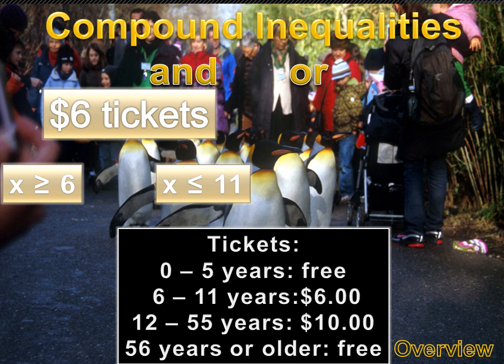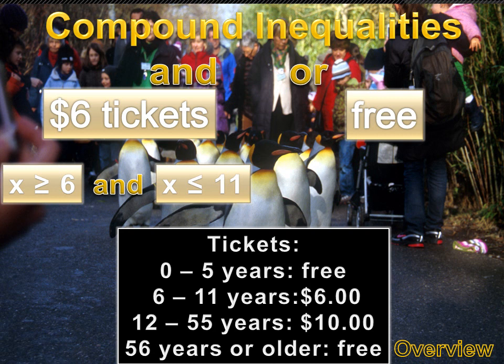Between 6 and 11, I get a $6 ticket. And that's really combining two inequalities with the word and. If my age is greater than or equal to 6, and also less than or equal to 11, I get a $6 ticket.